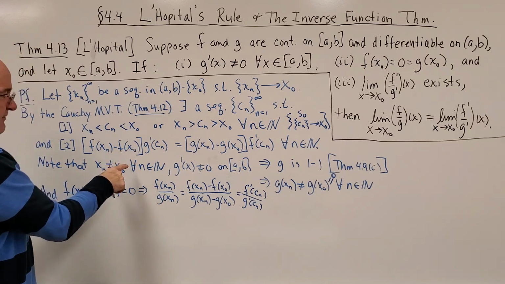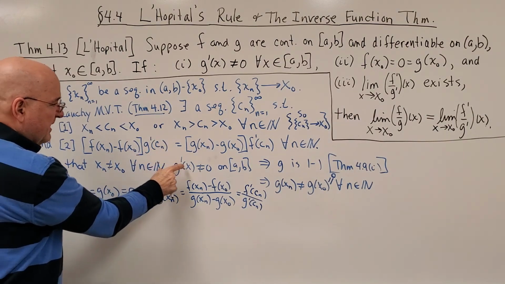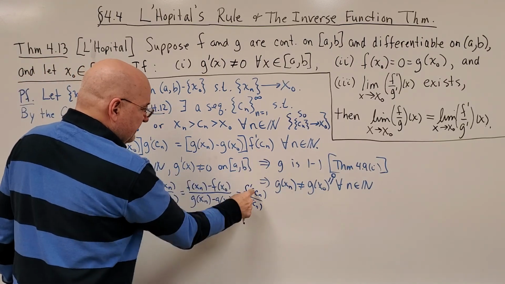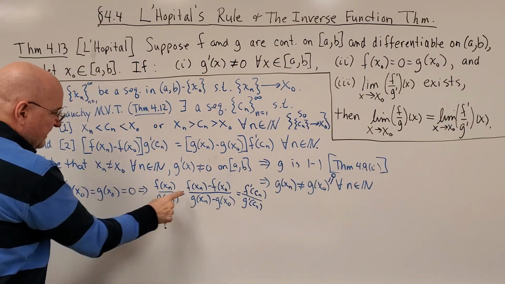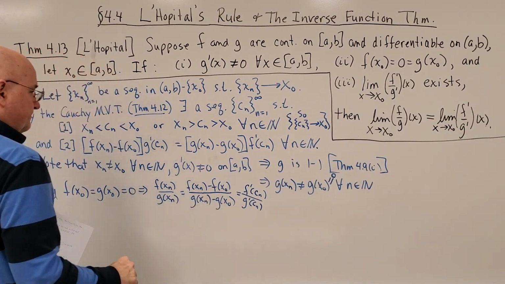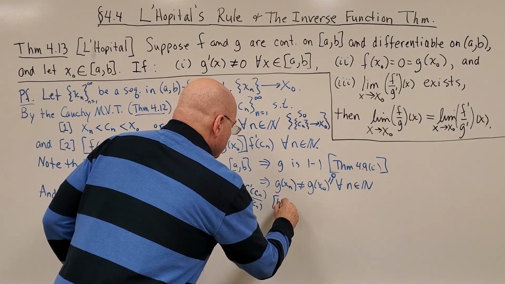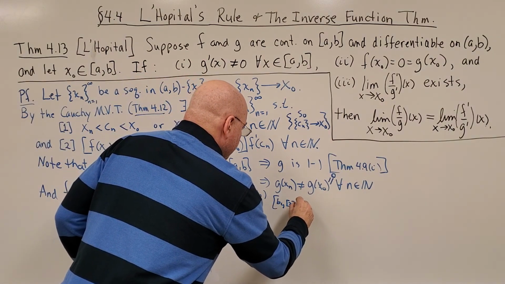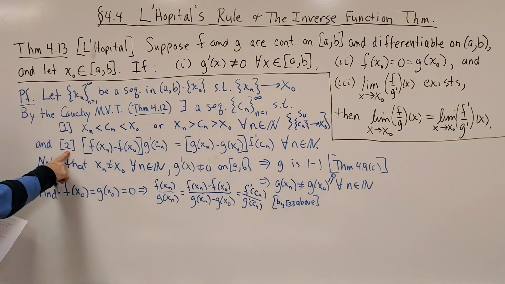If we were to divide both sides by g prime of Cn, we get exactly this. So I could have said by 2 above, this being 2.